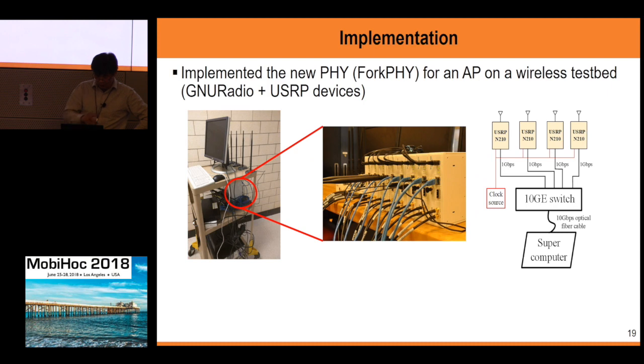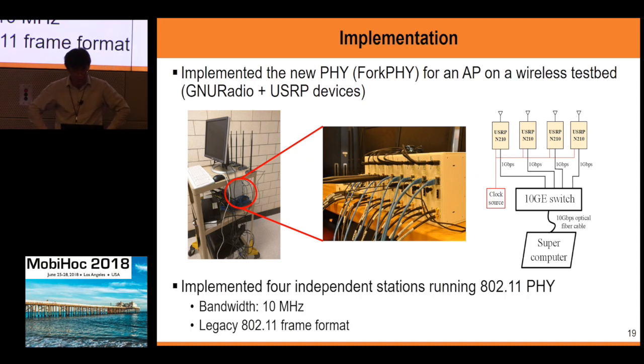This is our testbed, and this is the logic schematic for the setup. We also implemented 4 independent stations. These 4 independent stations run 802.11, and we use a bandwidth of 10 MHz and the legacy 802.11 frame format.